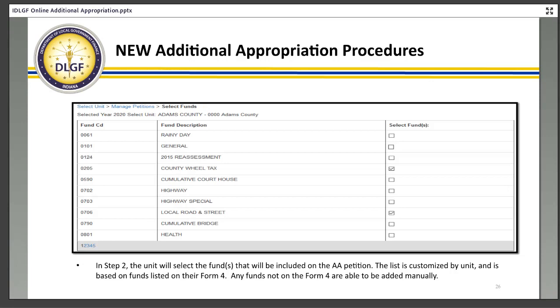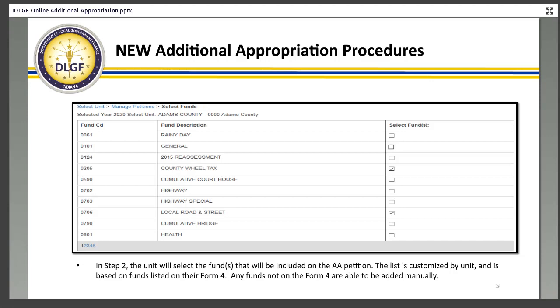Once you have a listing of the funds that you have, the certified and non-certified funds that went through the budgeting process last cycle, it's just a matter of checking the box or boxes that are associated with this particular additional appropriation. So whether you choose to search by the 4-digit fund code number or want to search by the fund descriptions, you're able to tell us specifically which funds you're interested in doing an additional appropriation for.